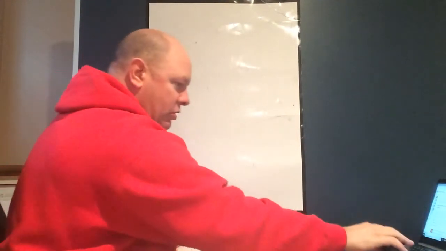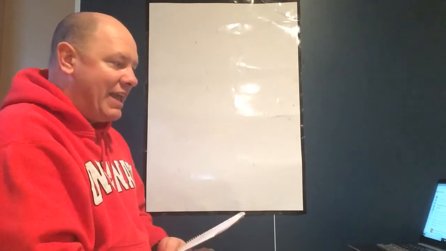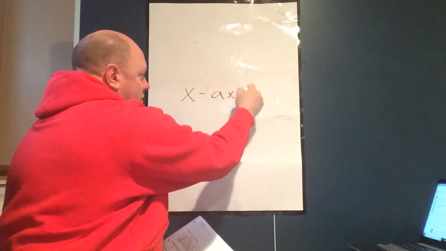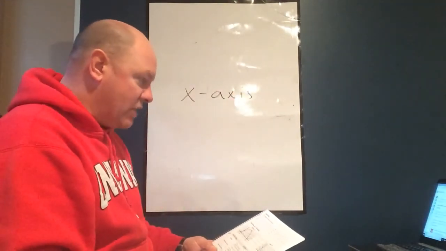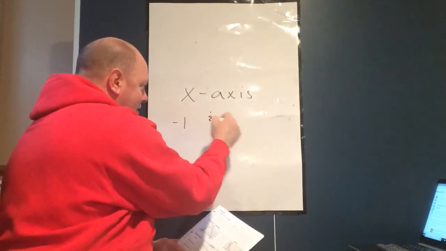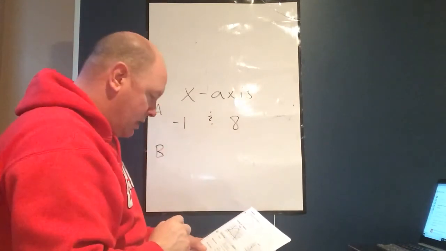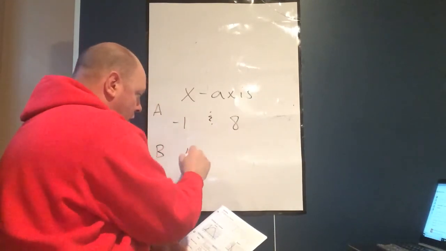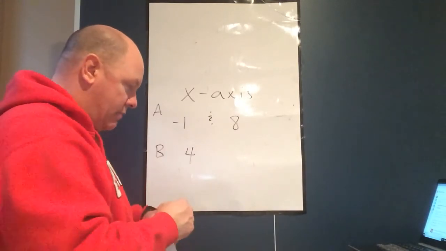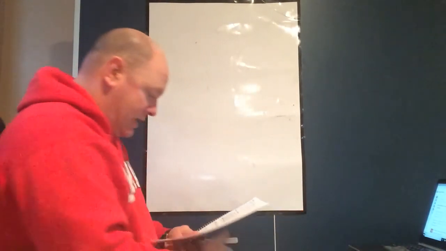For our next one, we're looking at the x-intercepts, the point or points where the parabola crosses the x-axis. Here's where the x-axis is in place. We've got 2 on the first one, -1 and 8 on graph A. On graph B, we can see it only hits once, at 4. The last part in our note is our zeros.